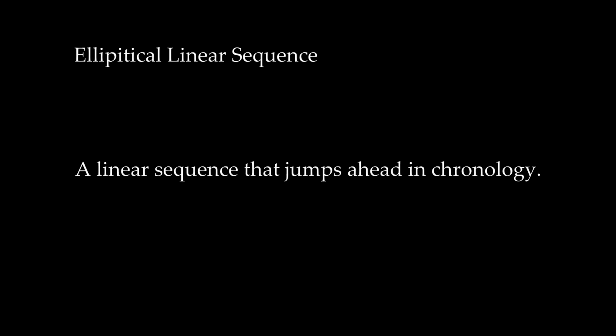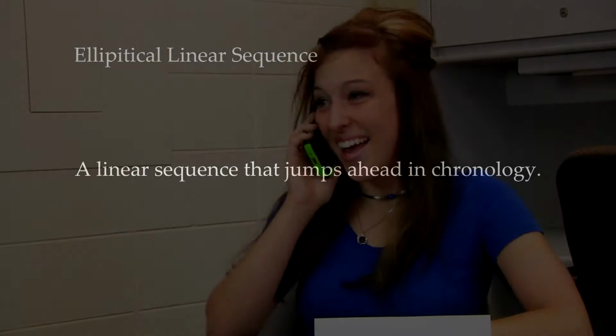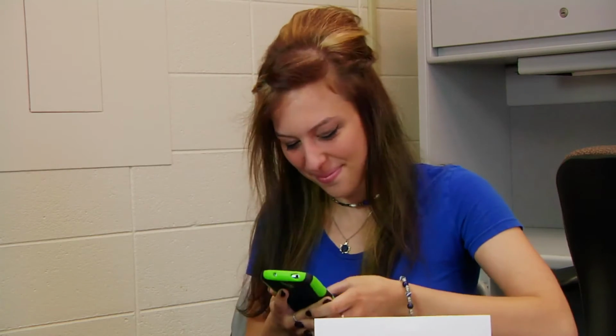A linear sequence can be organized into what can be referred to as an elliptical linear sequence, skipping ahead in chronological order in a way that moves more quickly than would occur in real time, but in a way that gets the point across and quickly gets us to the meat of a scene.